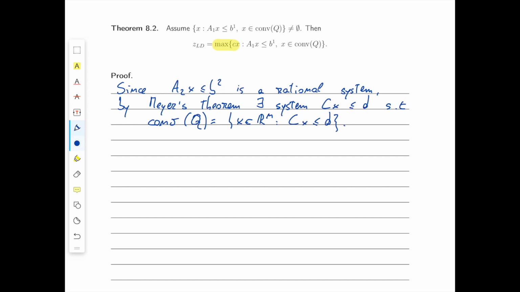Now let's write our Lagrangian relaxation in minimization form.